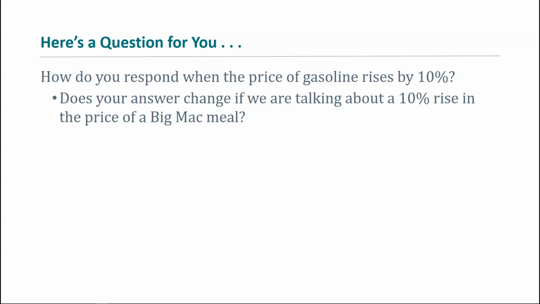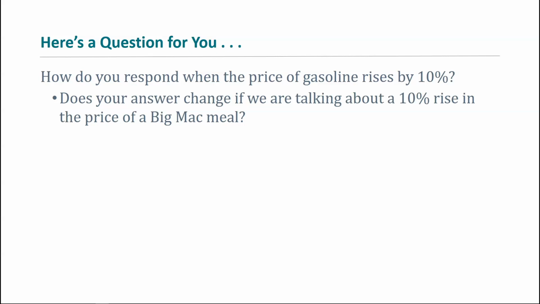Now, notice in both of our answers, we did respond by a decrease in our quantity demanded of each of those products, right? And that we should expect because of the law of demand that says when the price rises, our quantity demanded will fall. And that's true of both gasoline and a Big Mac.